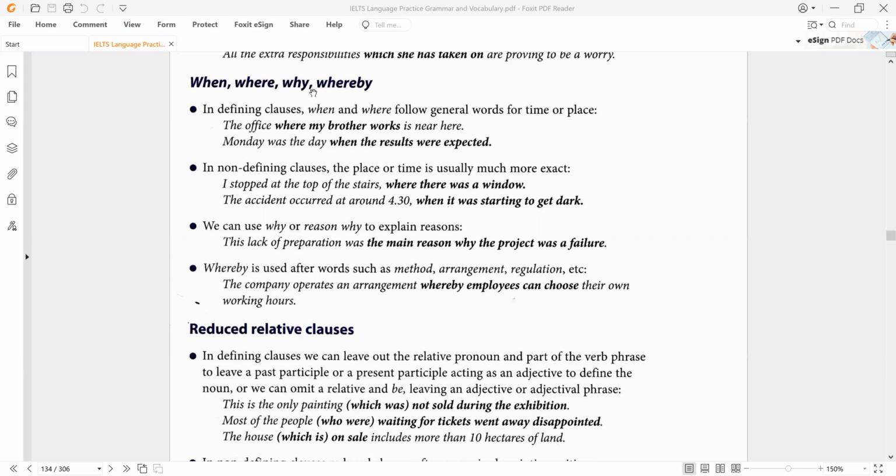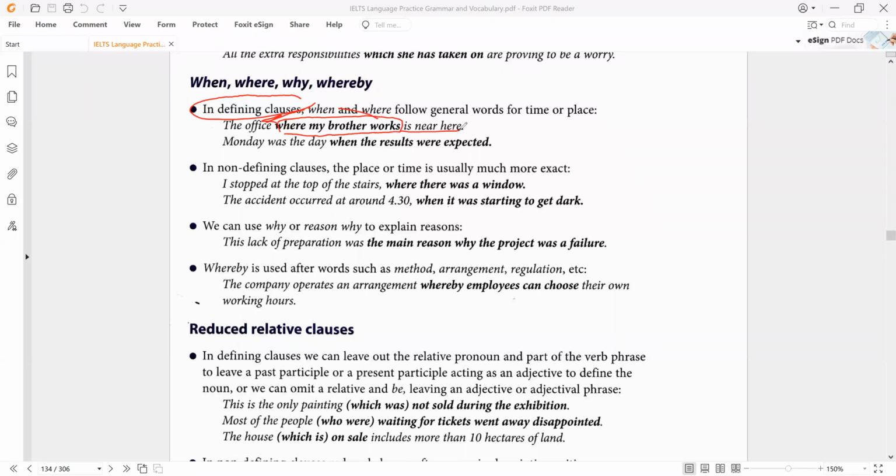The office where my brother works, because where my brother works is defining, is near here. The office where my brother works is near here.